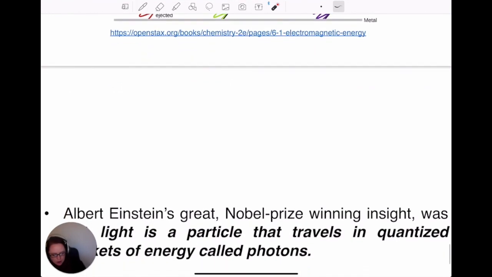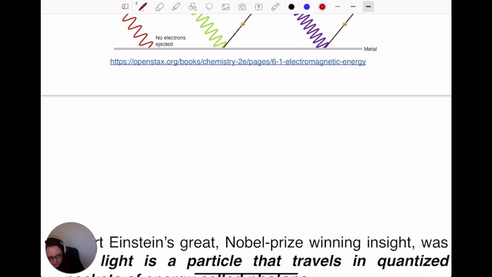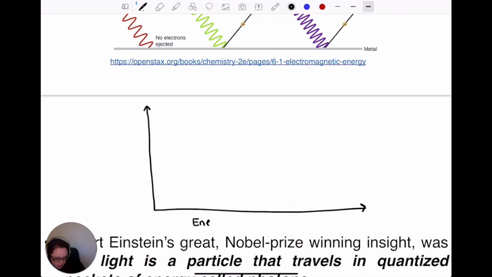So I want to make a graph of what this looks like for any given piece of metal. Here we're going to have the energy of light. Typically we put this in joules.